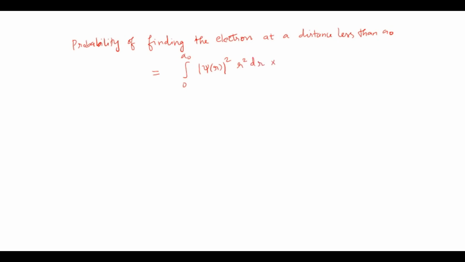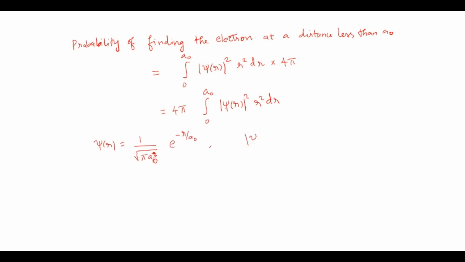Since there is no angular part here, we can integrate the angular part, so it will give you 4 pi. So this is 4 pi times the integral from 0 to a naught of modulus of psi of r square into dr. Now we can substitute psi of r, which is given as 1 over square root of pi a naught cube e power minus r by a naught.